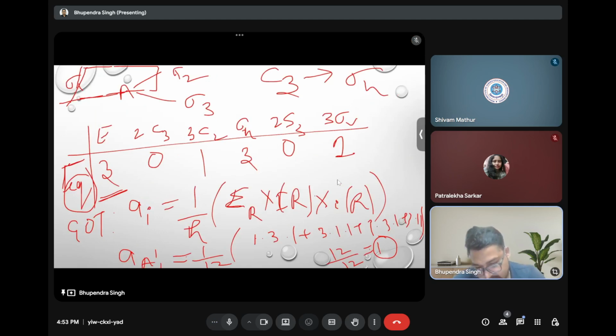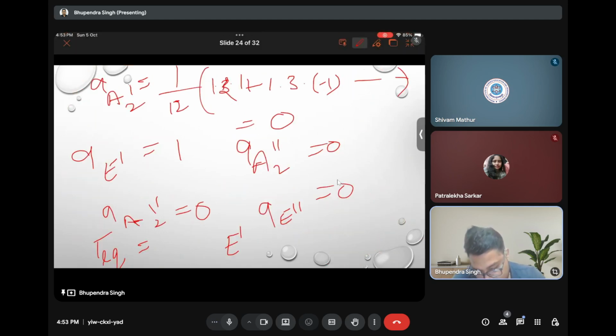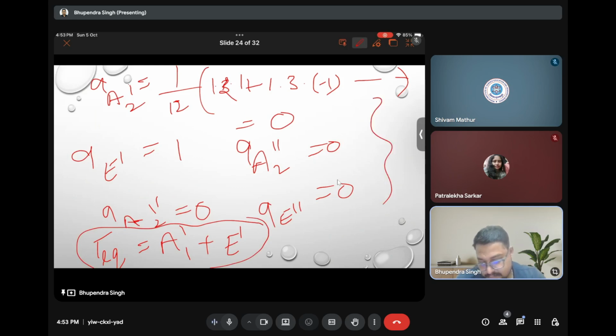This is one A1 dash plus E dash. So this should be your answer. I have not solved this fully because you know how to solve it.